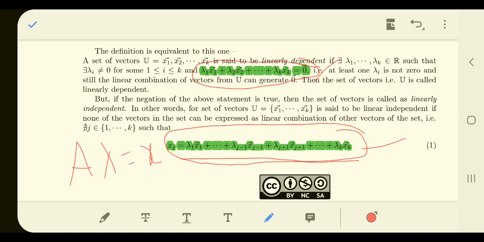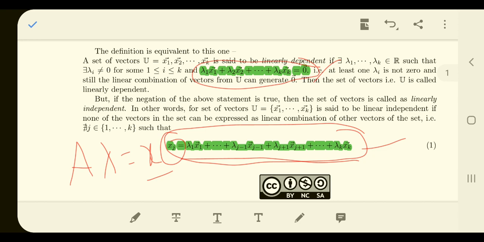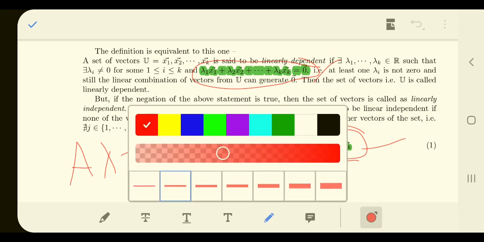Because A contains the column vectors x1, x2, x_{j-1}, x_k, and lambda is the vector of scalars containing lambda 1, lambda j-1, lambda k, and x_j is the vector that you are actually trying to write as a linear combination. While this particular thing can be written a bit differently, let us see how we can write it.